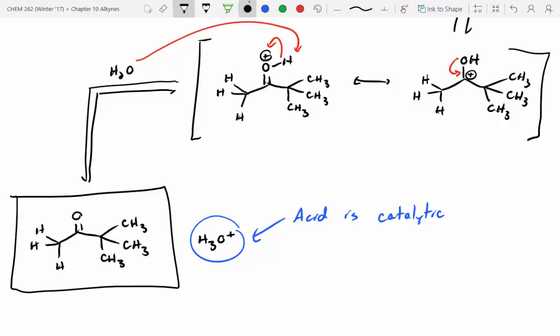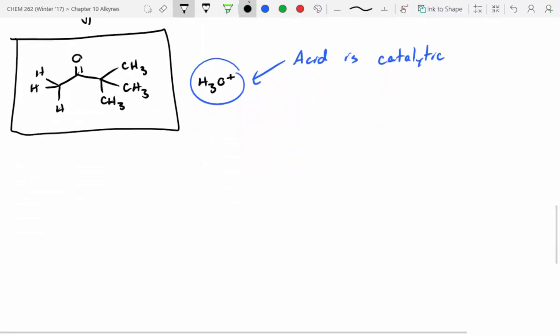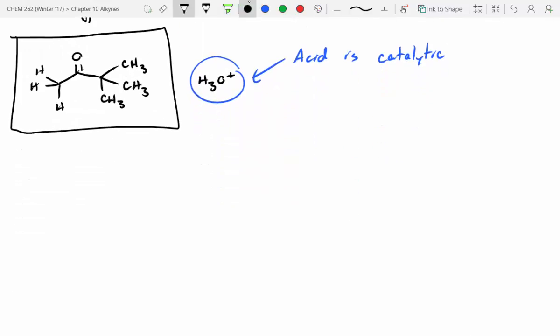Yeah. So let's take a look at another reaction, this time a little bit harder. And you guys don't have to show the full mechanism, because your hands are probably cramping up.